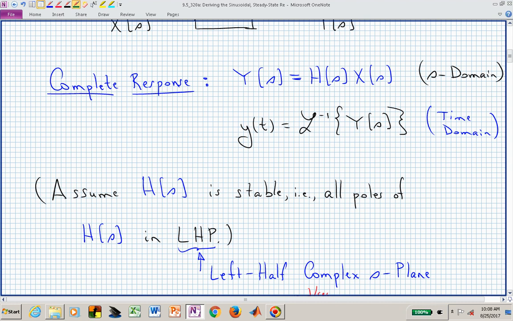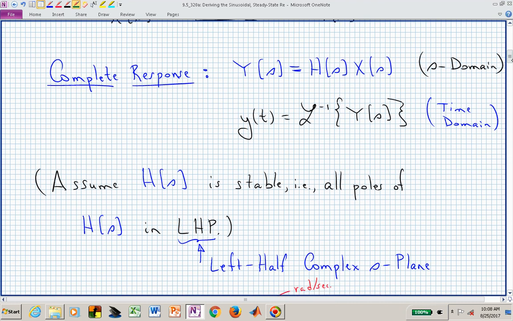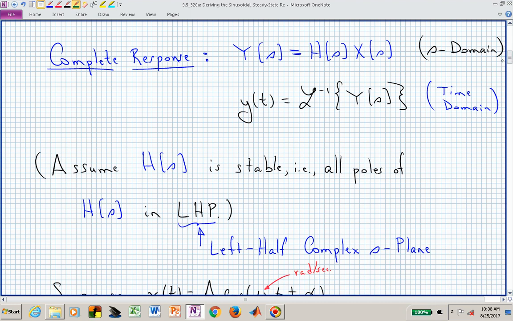That means if we found the roots of our denominator polynomial, those are the poles of our system, and all of those roots have to have real parts that are negative. We want all of the poles of our system to lie in the left half complex S plane.